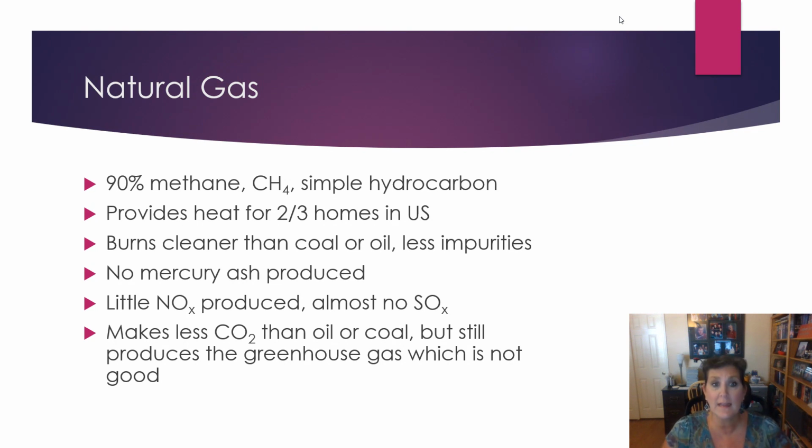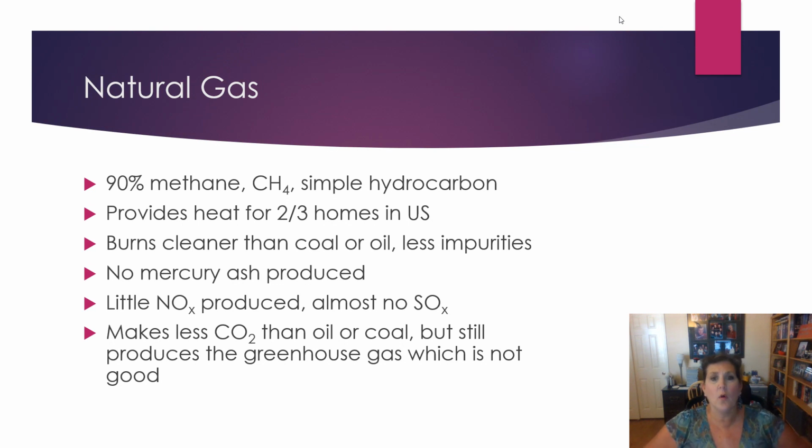Natural gas burns cleaner than coal or oil. It has less impurities, but it still produces things we don't want. It doesn't have any mercury, so that's good. And it doesn't produce a lot of NOx and almost no SOx. So it's better than coal or oil in that respect. But it still makes a whole bunch of CO2, and that's not good.